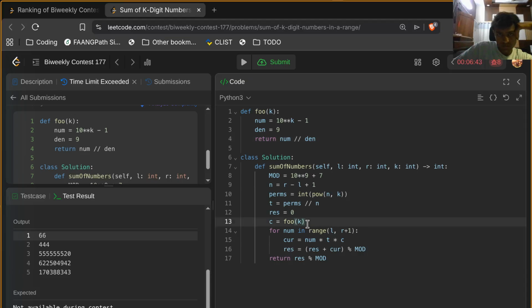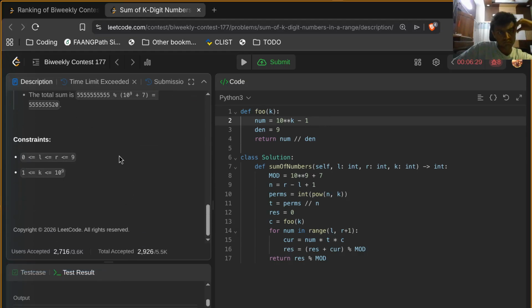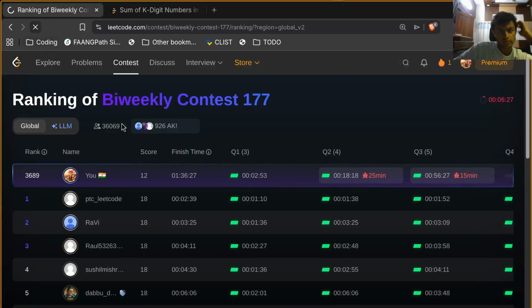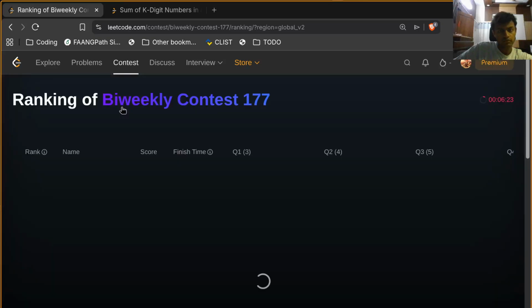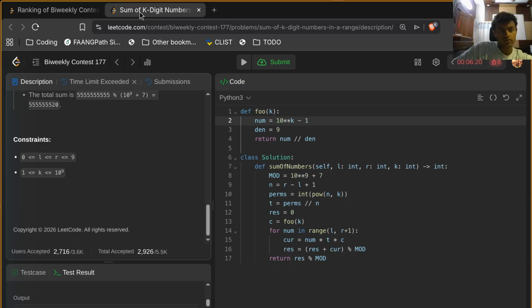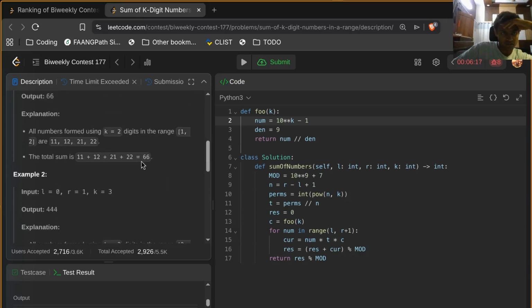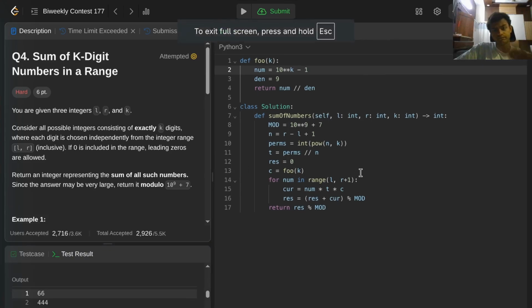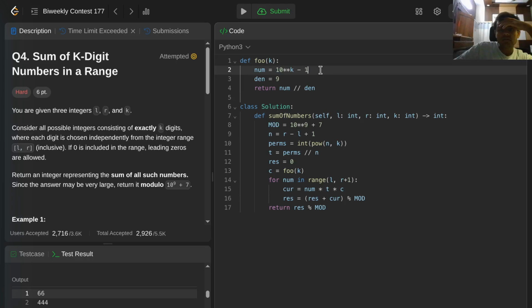The problem is with this function. So this k is 10 power 9. It's not that easy. And then 3,000 people solved it. Hmm. How do I solve this thing? If I add my own power function.